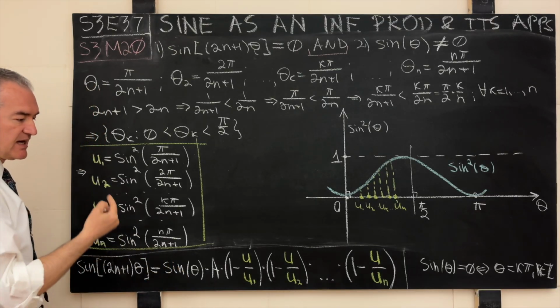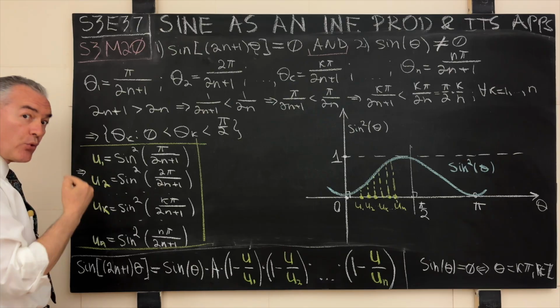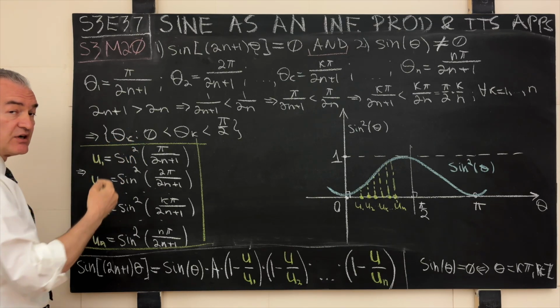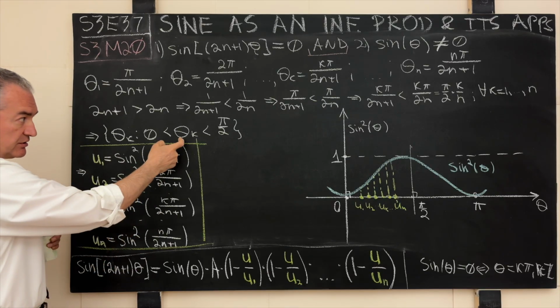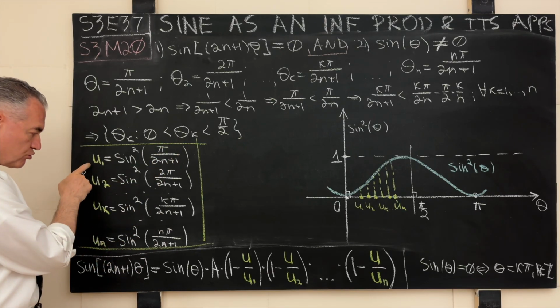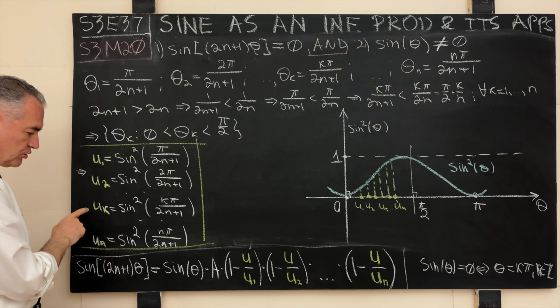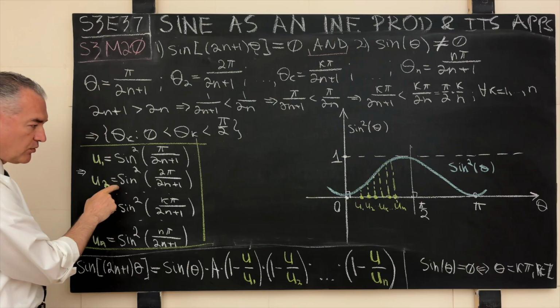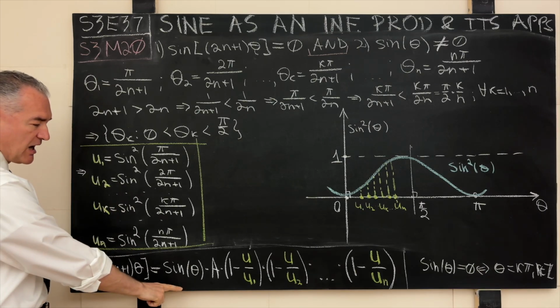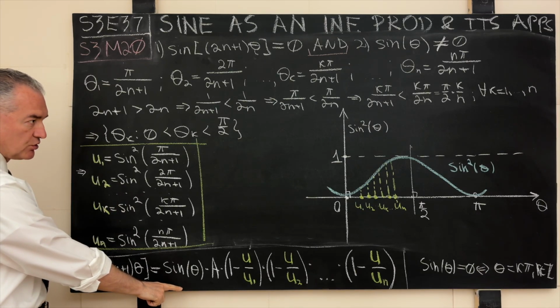We say that the squares of the sine of this argument, the square of the trigonometric function sine evaluated at this argument, will be the roots u1, u2, uk, and so on, un. See, sine square, sine square, sine square. They will be the roots of our polynomial that we saw a few seconds ago.